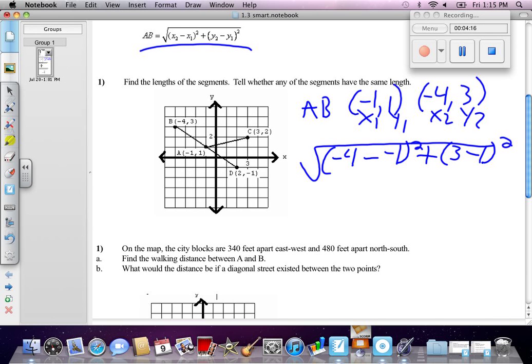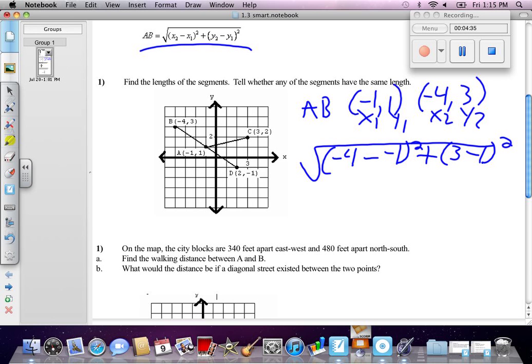Now, my suggestion is to, at this point, not go through and do all the little math, but to take out your calculator and just put it in all at once. Just make sure if it's minus a negative, you put that in there. You got to put in extra parentheses.